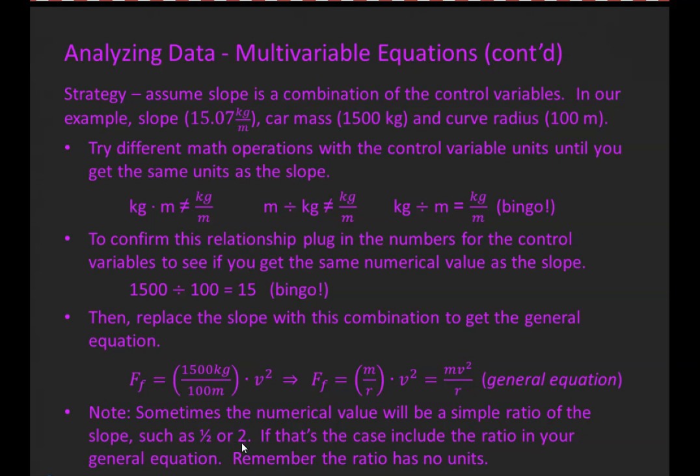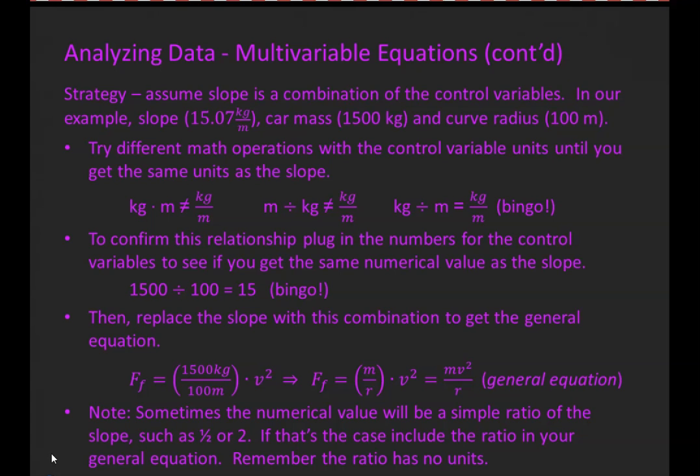Sometimes there's some other ratio, but 1/2 or twice are the normal ratios you'll run into. And if that's the case, you simply include the ratio in your general equation. And then remember, the ratio has no units. So this is the strategy for coming up with the general equation.